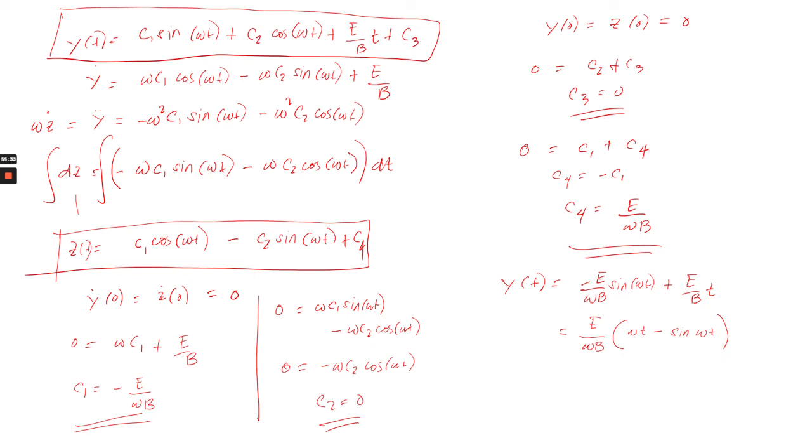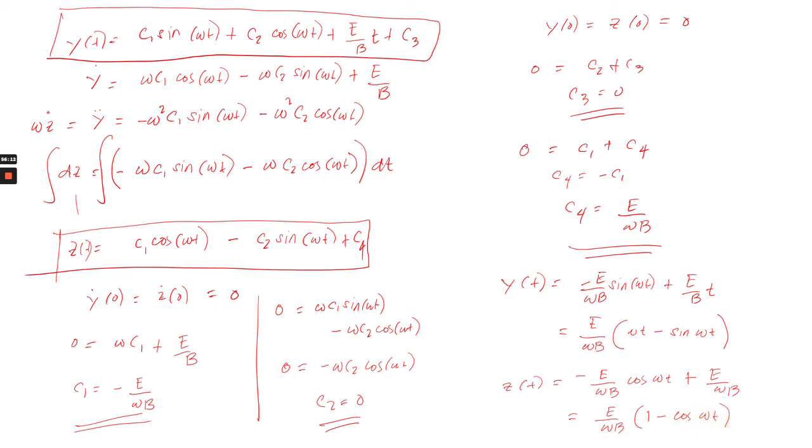Then z of t would be, so this is negative E over omega B cosine omega t plus C4, where C4 is just E over omega B. Okay, so simplifying this one, factor out E over omega B. We have 1 minus cosine omega t.